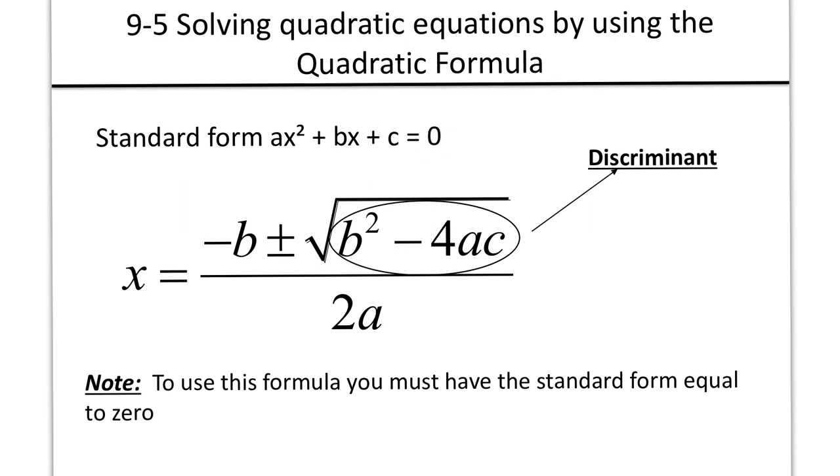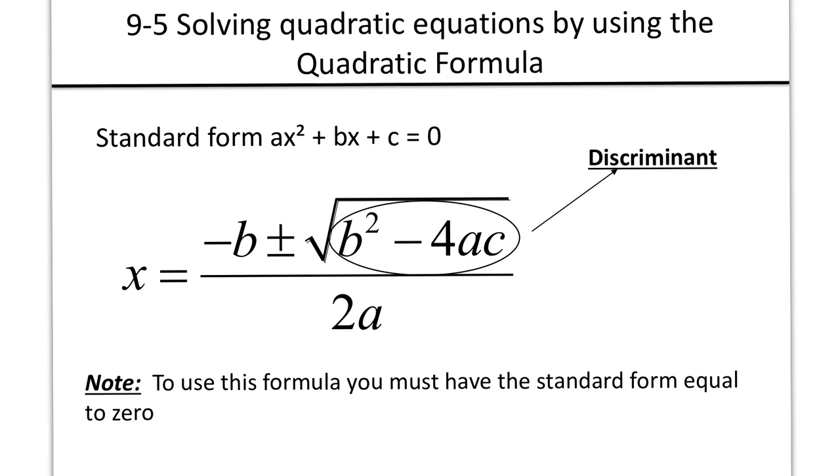So make sure that you know your a value, which is the one with the x squared, your b value, the one with the x, and your c value, your constant, the one with no variable. In my previous video, like I mentioned at the beginning, I talked about the discriminant inside of the radical, which is the square root. That's the name of the symbol, radical. The discriminant helps us know how many real solutions we are going to have.